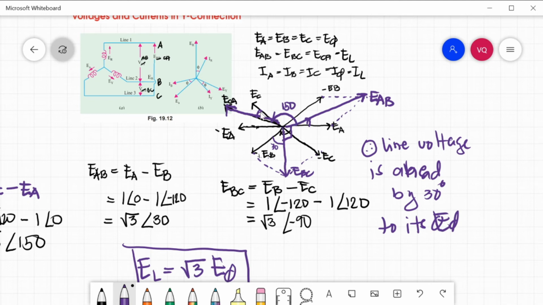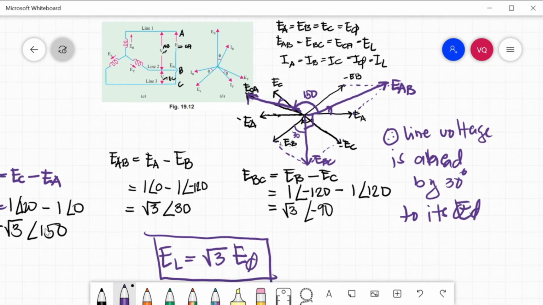So where did we get the 30 degrees here? 150 from here, minus, our EC is 120 degrees. So 150 minus 120 is 30 degrees. This one, EBC is also ahead by 30 degrees with respect to EB. So from our reference x-axis, that is 120 to EB. So 120 minus 90 degrees, that is 30 degrees.